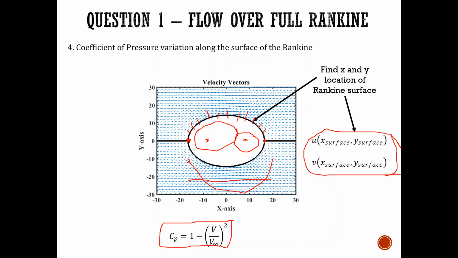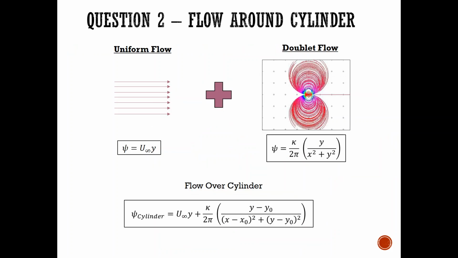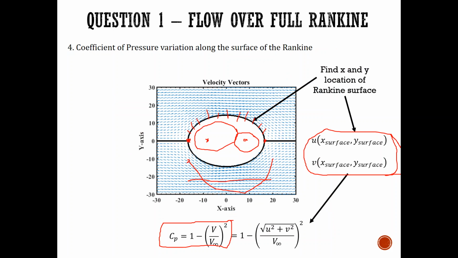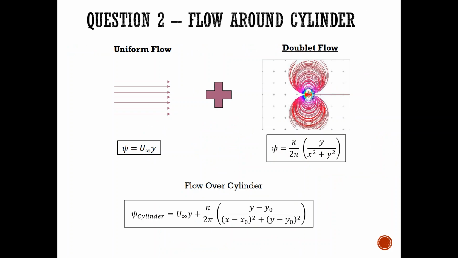Again, it's all about getting used to how you can get the velocity and pressure information just from the addition of stream functions, right? So the next question, question 2, asks you to plot or simulate flow around a cylinder. Similar to what you did in the Rankine, for flow around a cylinder, you're adding the uniform flow, and then you're adding the stream function for the doublet flow, right?